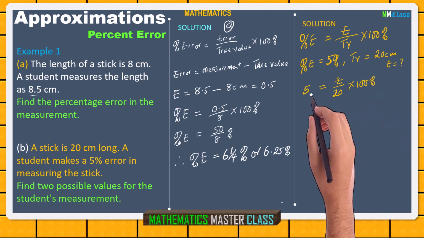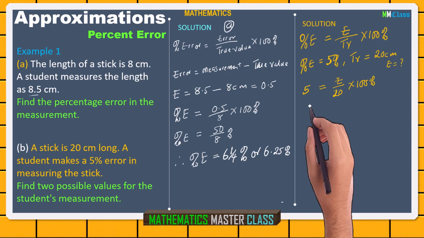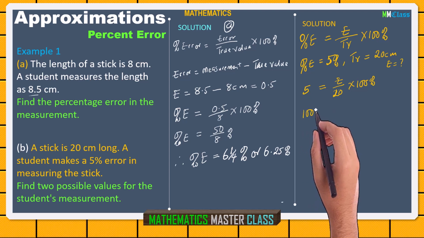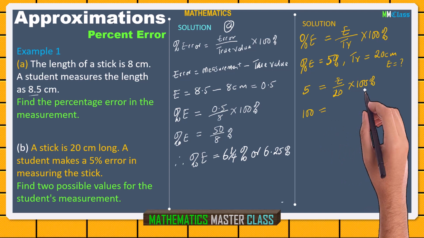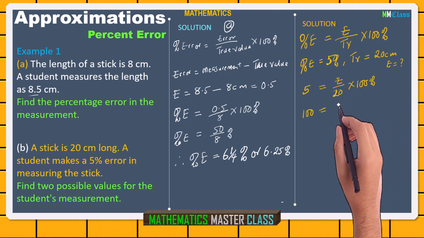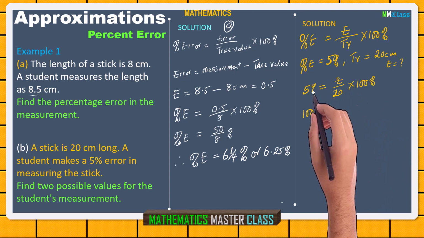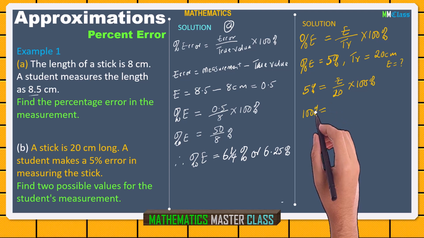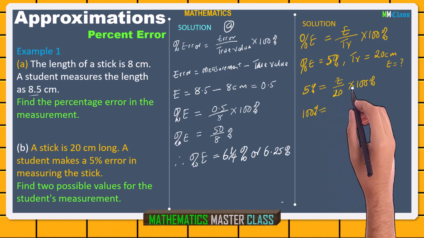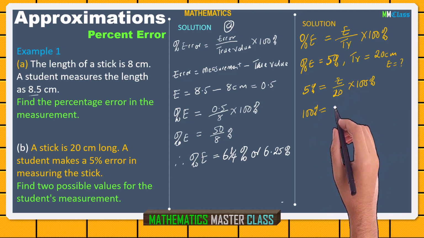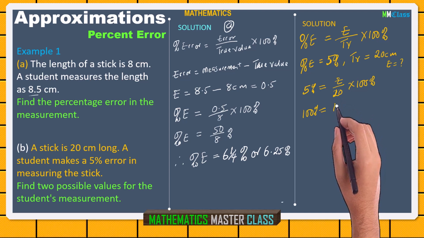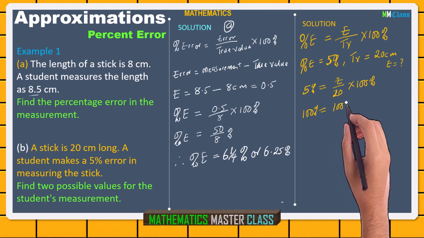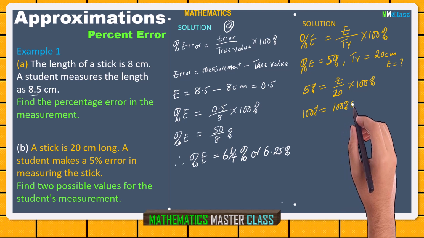So 5 times 20 is 100, which is equals to 100% times E. Don't forget this is 5%. This will give us 100% also. So 100% times E gives us 100% E.